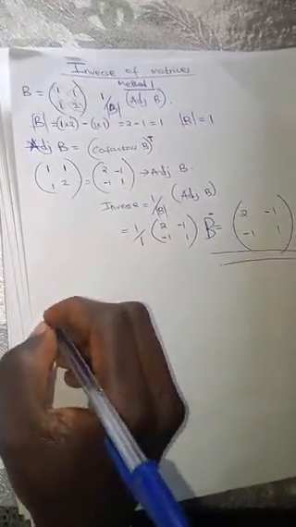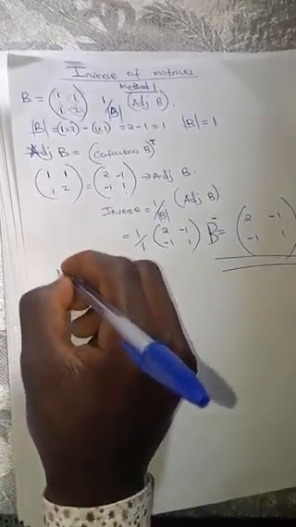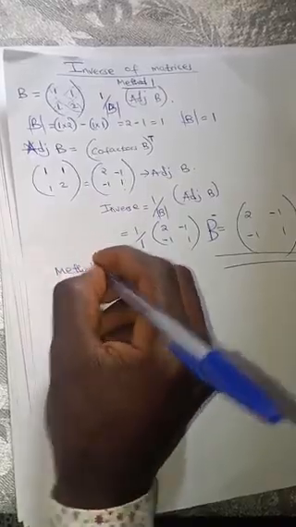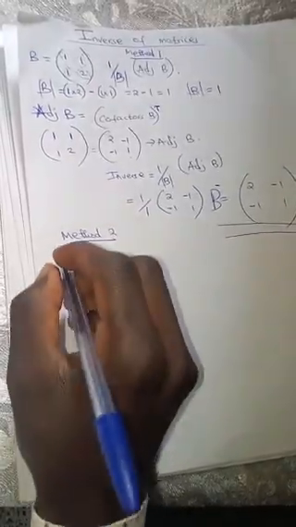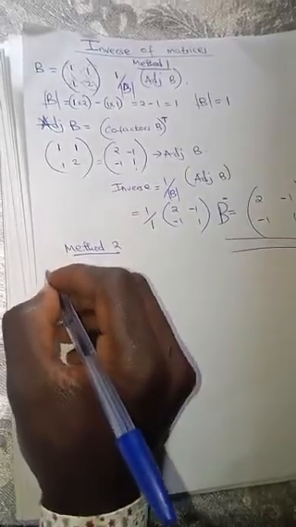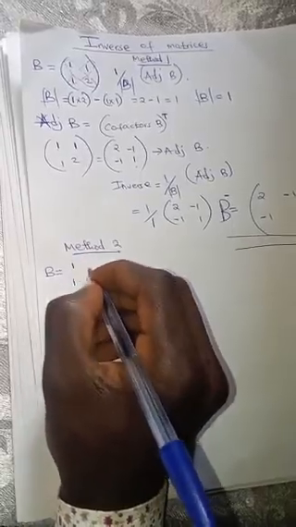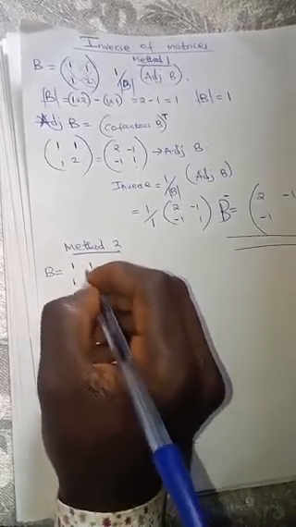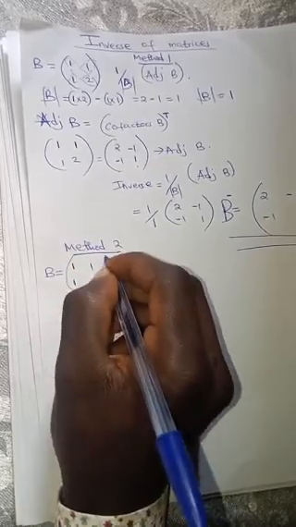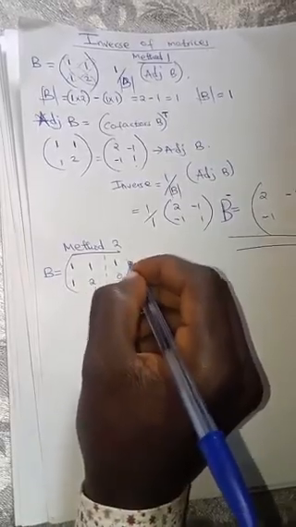But what if we are trying to find the inverse of B using another method, method 2? Method 2 of finding the inverse of a 2 by 2 matrix: we have our matrix B being 1, 1, 1 and 2, and we have to arrive at the same answer, multiplied by the identity matrix.